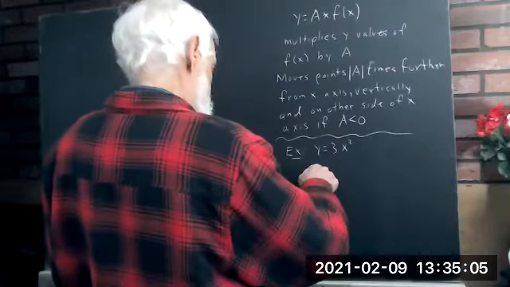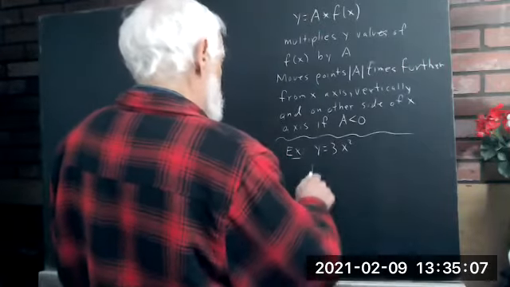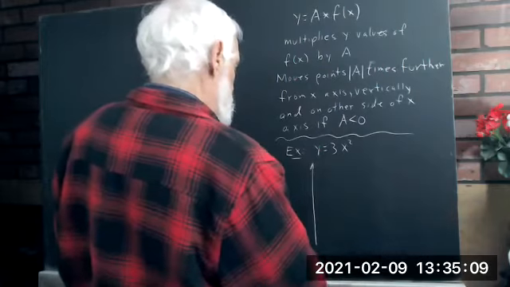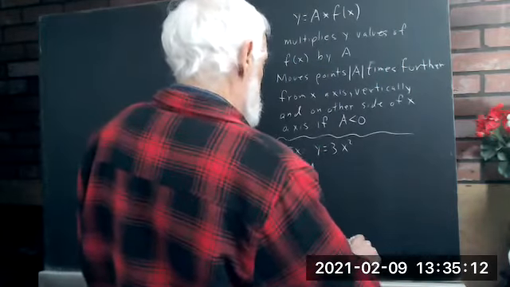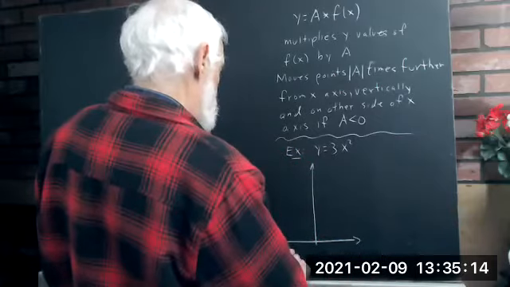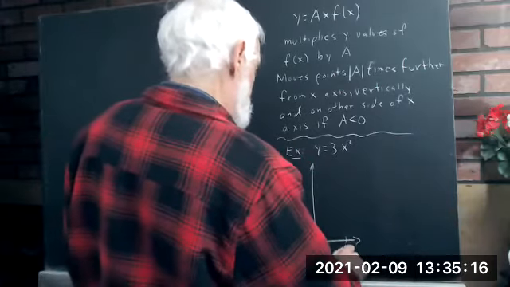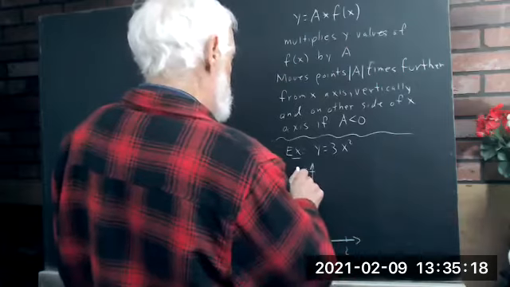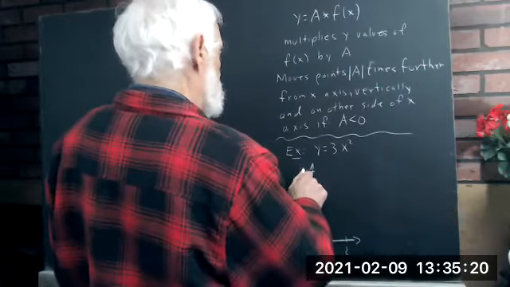I can see in advance that if x is -2 or 2, this is going to give me y equals 12.